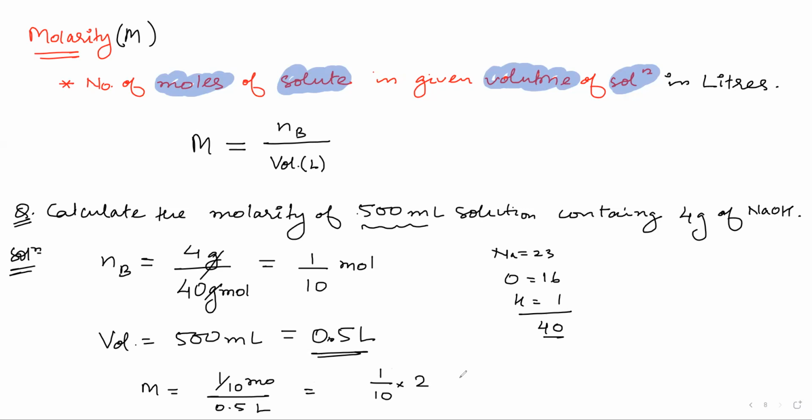You will get 1 by 5, which is equal to 0.2 moles per liter. You can also write this as 0.2 molar.